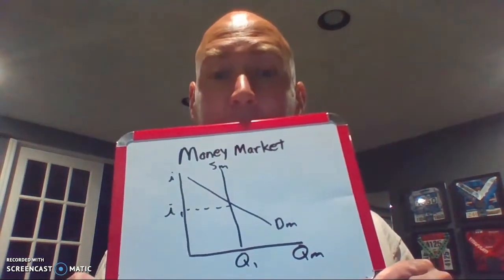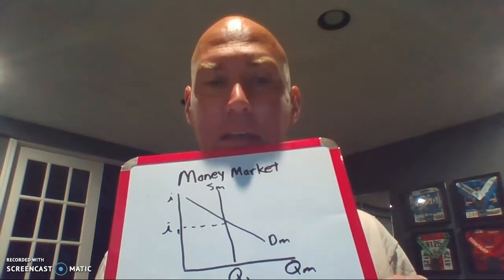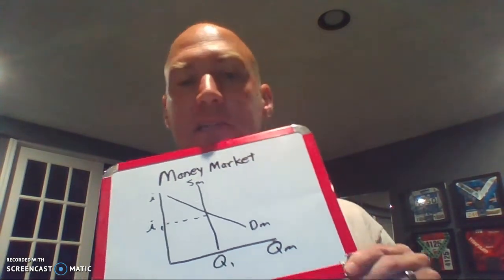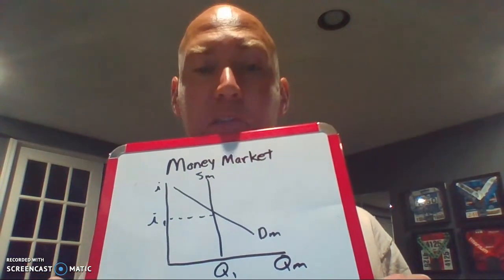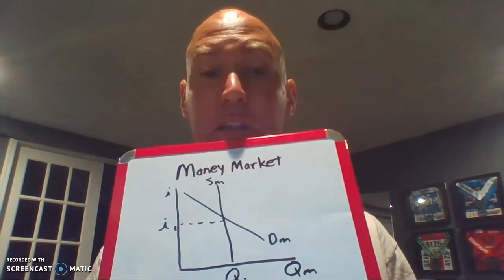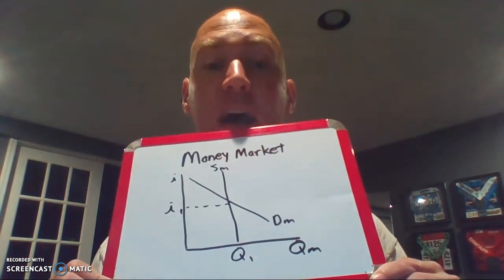Now, last unit, you learned about the money market. Okay, there's our money market with, as you can see, demand for money inversely related to interest rates. That's asset demand and transaction demand. And the money supply. And the main thing we focused on was the money supply. Remember, the money supply is moved around by the Fed.